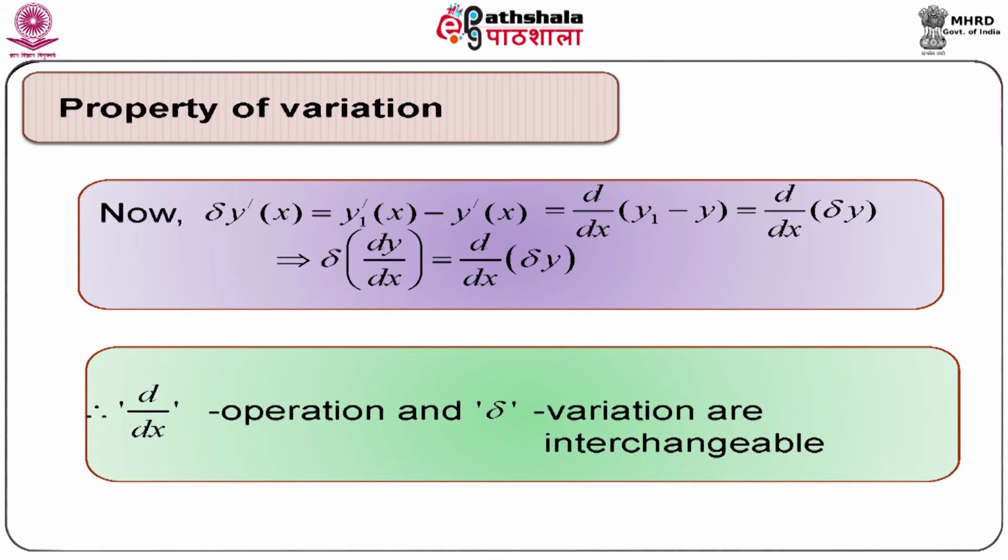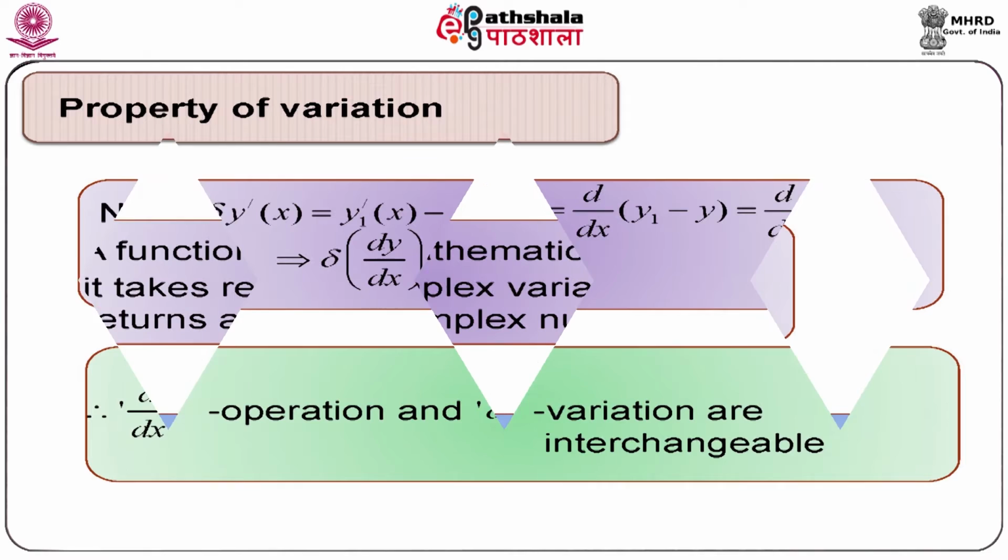That is delta y dash x equal to d dx of delta y. That is, delta of y dash x, which is dy dx, equals d dx of delta y. This proves that d dx operation and delta variation can be interchanged.